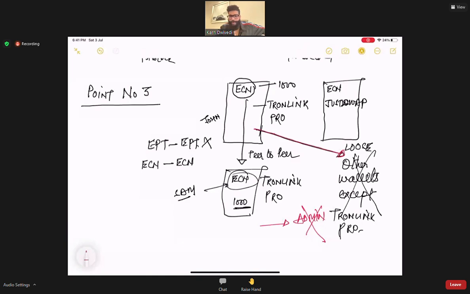So if you are transferring ECN from TronLink Pro wallet to other company wallets, TronLink Pro to TronLink Pro is perfect. It's P2P. But if you're doing it with other wallets, you will end up losing your ECNs, and we cannot do anything, whether you write a support ticket or you write to me, because it is in no one's hand.